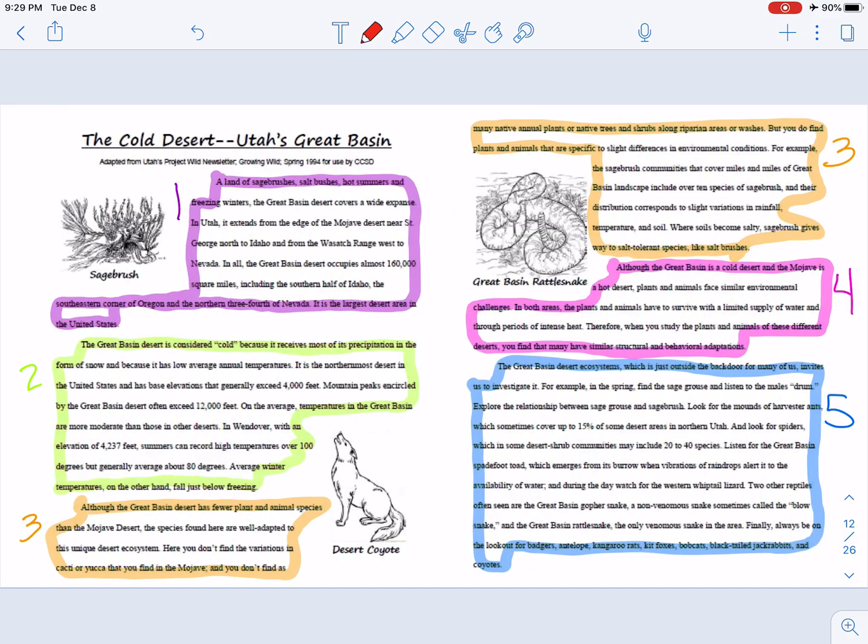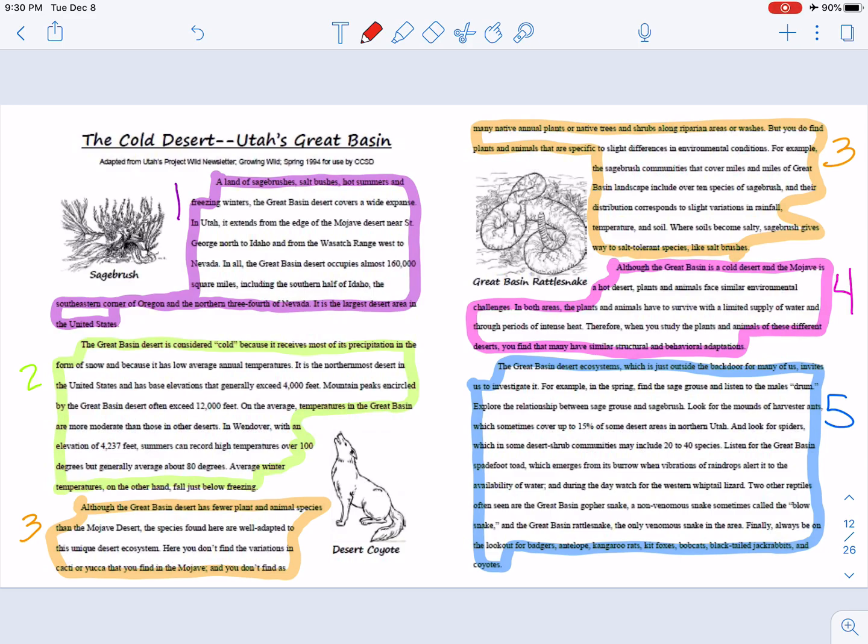Okay, let's go ahead and read our first paragraph. It should look something like this when you have your notebook all the way open. A land of sagebrushes, salt bushes, hot summers, and freezing winters, the Great Basin Desert covers a wide expanse. In Utah, it extends from the edge of the Mojave Desert near St. George, north to Idaho, and from the Wasatch Range west to Nevada.